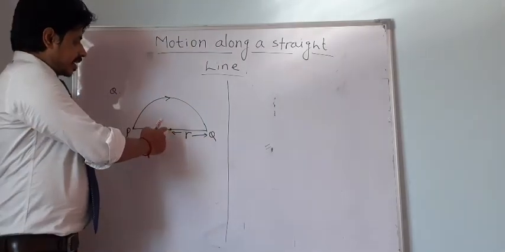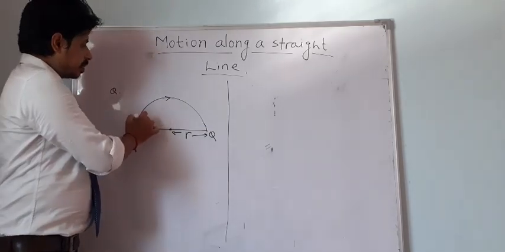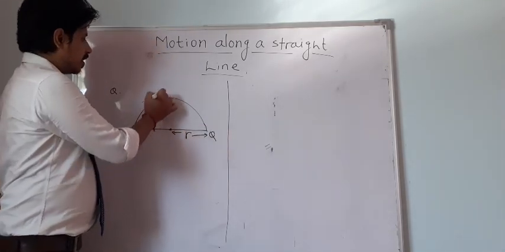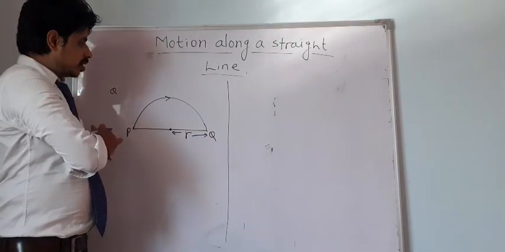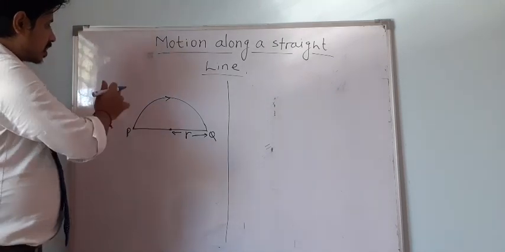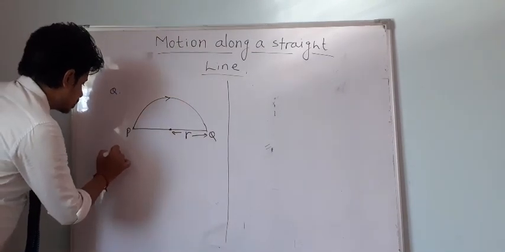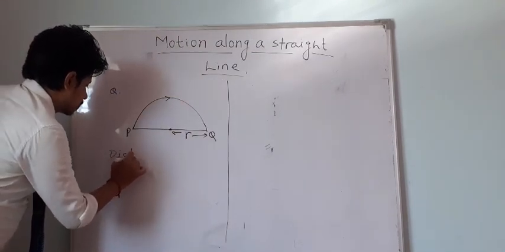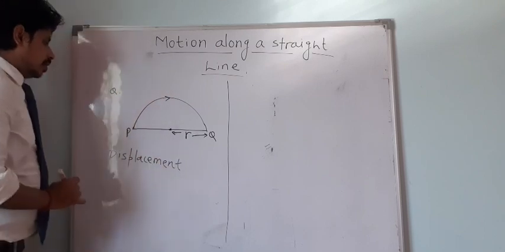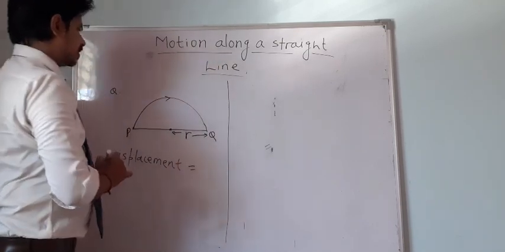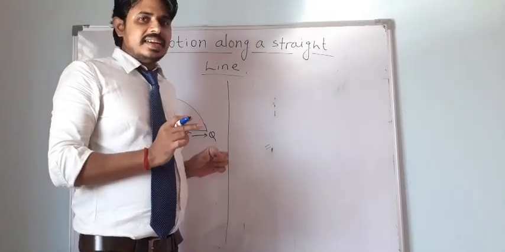As you can see in the diagram, a point object or a particle starts from point P and reaches Q via this path. This is a semicircular path of radius R. So in this case, the displacement, as we have defined, is just the straight line distance between 2 points.